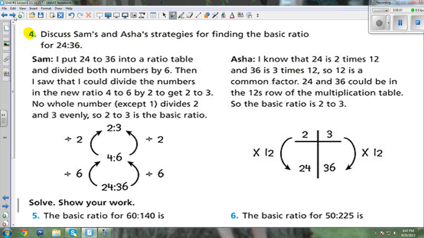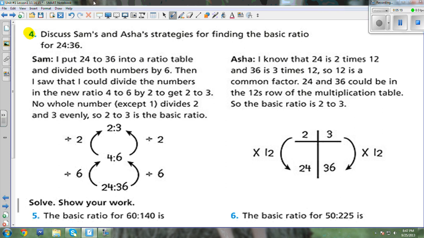Then I saw that I could divide the numbers in the new ratio 4 to 6 by 2 to get 2 to 3. So they even took it further down. No whole number except 1 divides into 2 and 3 evenly. So your 2 to 3 is the basic ratio.